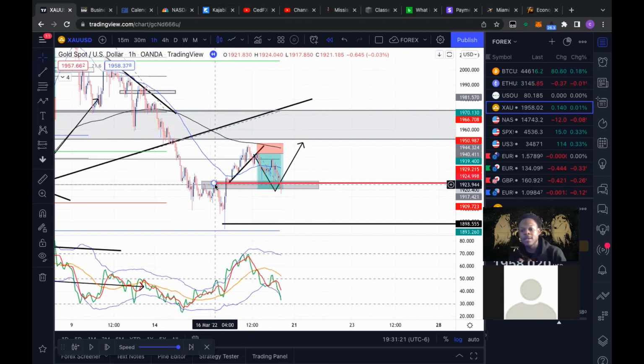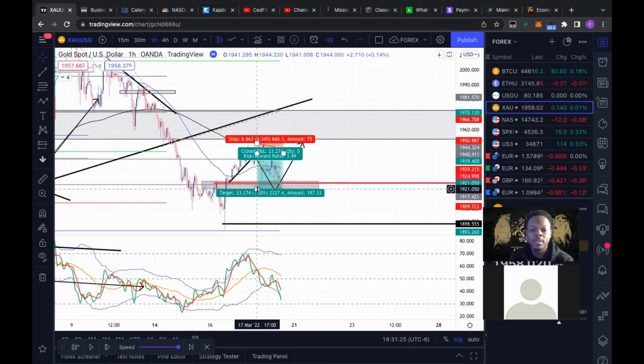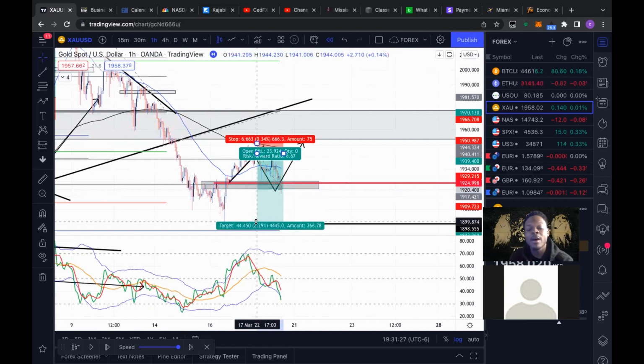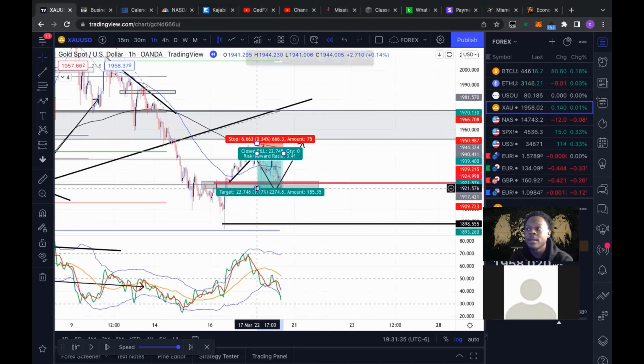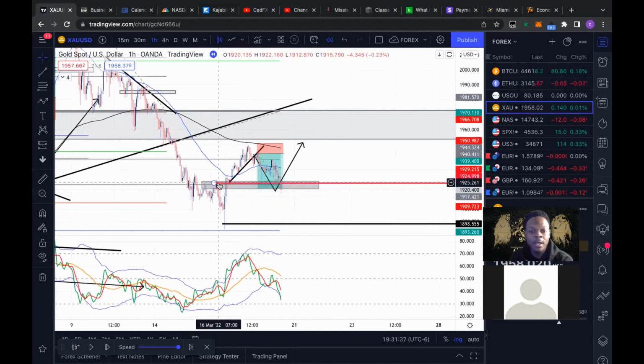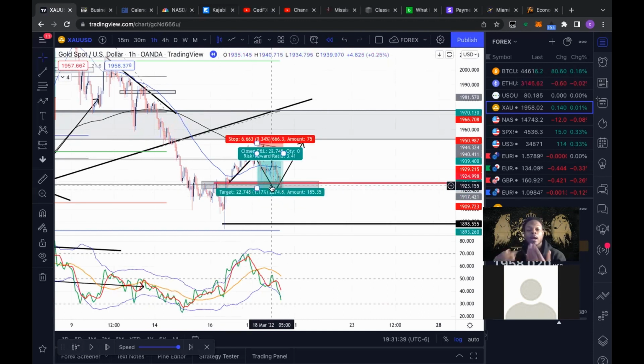So why would I set my TP all the way down here? I'm not trading off of this level right here. I'm trading off of the break and retest of my previous high that it just broke, which is here. So I would set my TP to that level if I was trading this minor sell right here.